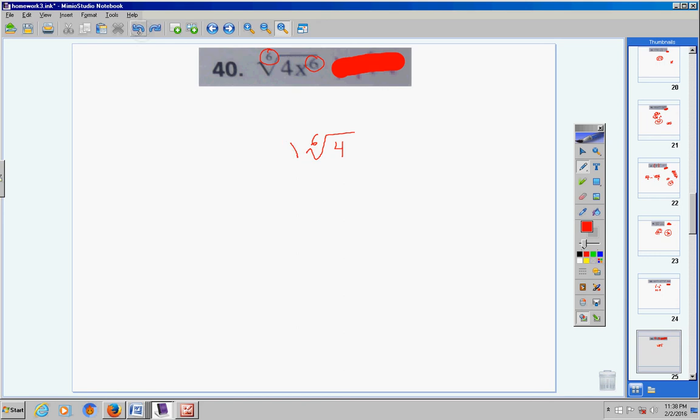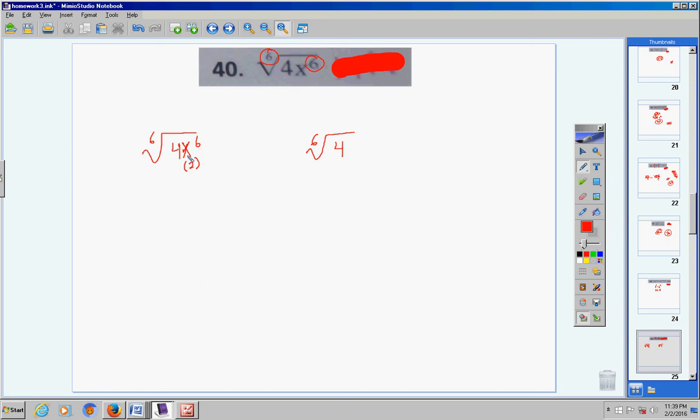Please watch carefully, okay? Here's my original problem. 6th root of 4x to the 6. If you put a negative number in for x, like negative 2, after you took the 6th root of it, it'd be positive. If you put a positive 2 in for x, by the time you raised 2 to the 6th power, it'd be a positive number.